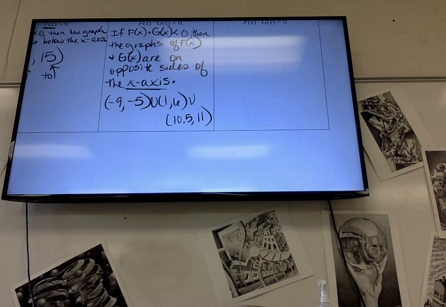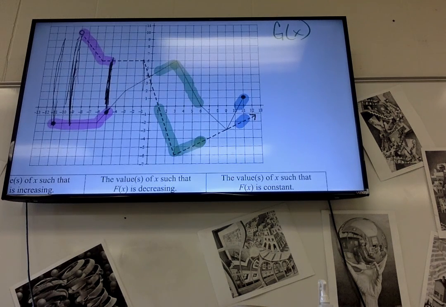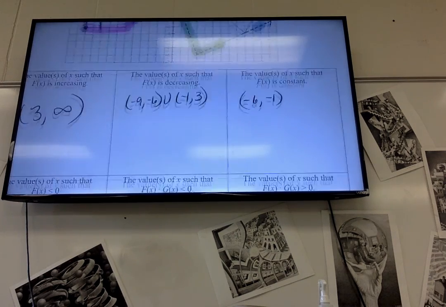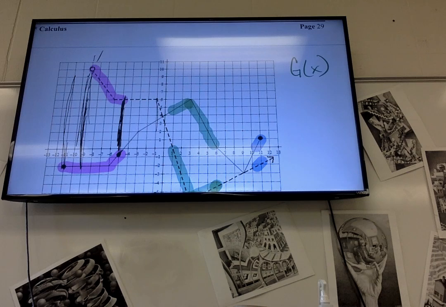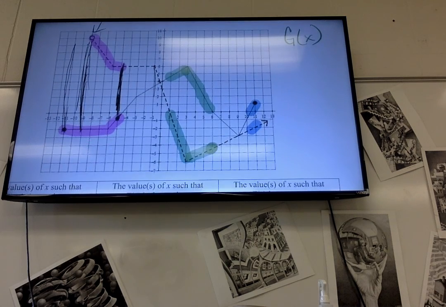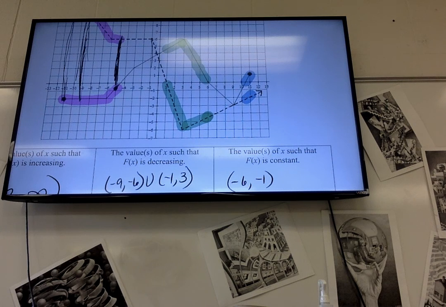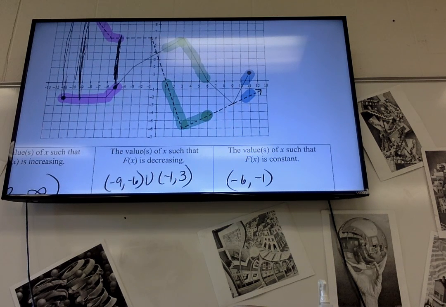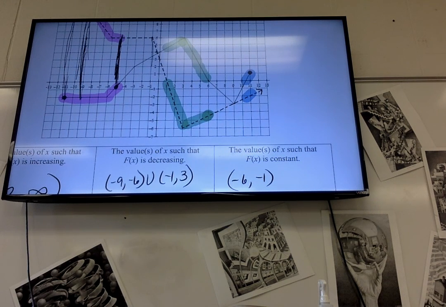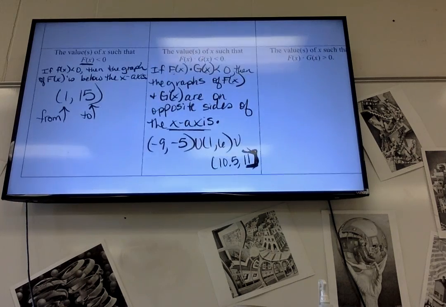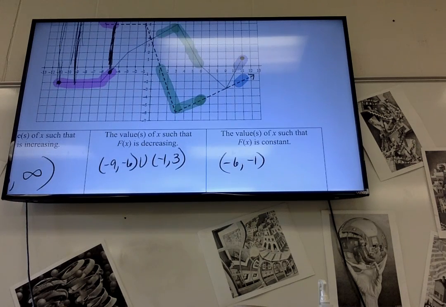And it would include 11 because that's a filled-in circle there. I didn't include the negative 9 because it was an open circle here. Yes. Why is 11 a bracket? Is it because it's closed? Yes, because 11 is a closed circle, and 11 is definitely above the 11 down here.